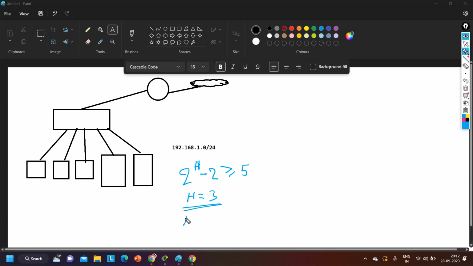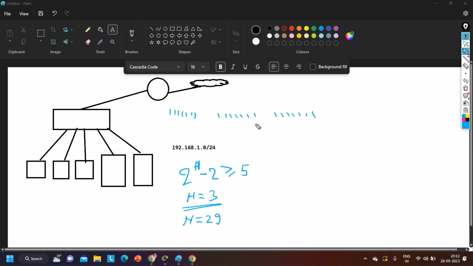Then what will be the n? Out of 32 bits, if 3 bits are host bits, that means how many network bits? 29 bits are network bits. 29 network bits means in the first octet all values are 1, in the second octet all values are 1, in the third octet also all values are 1.